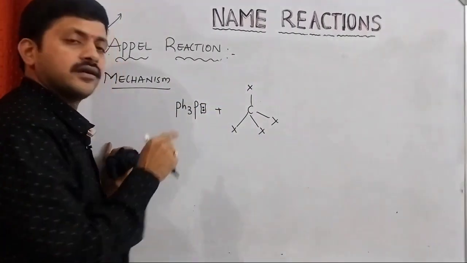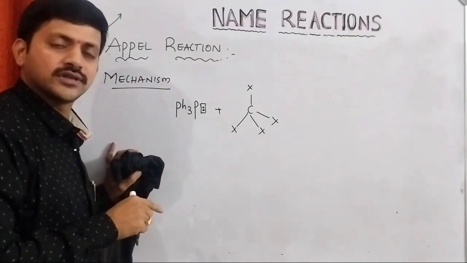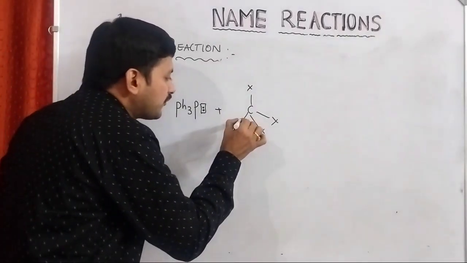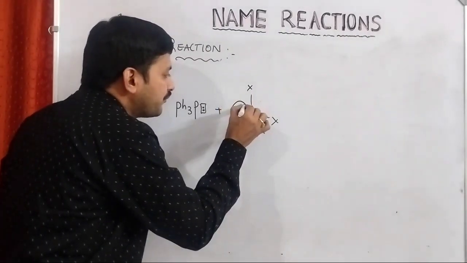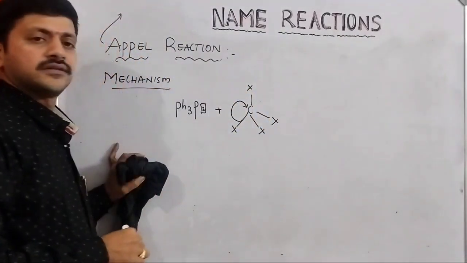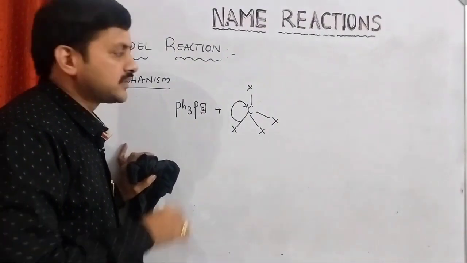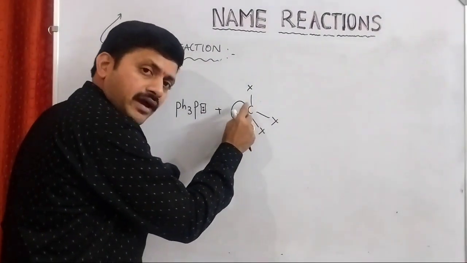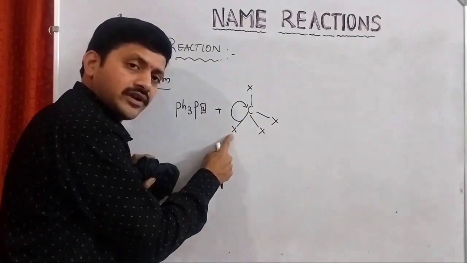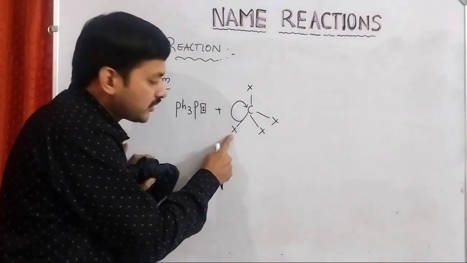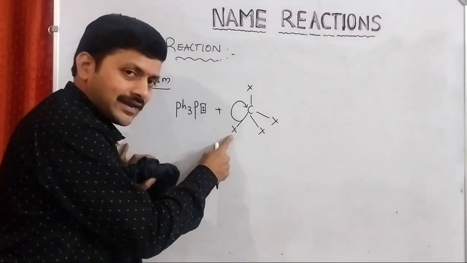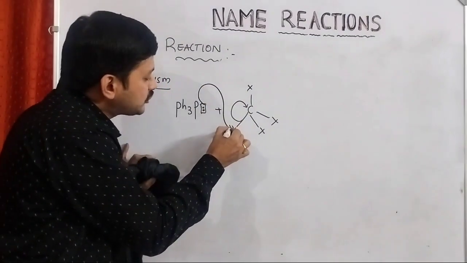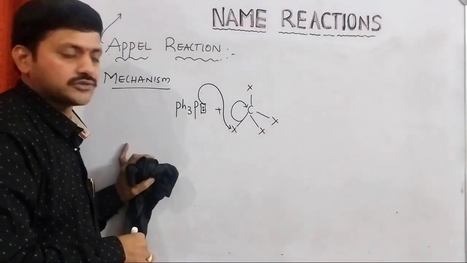It can donate its lone pair of electrons to the positive center. In this case, what happens? One of the C-X bonds, the single bond moves towards the carbon atom. Thereby carbon will take a minus charge, the X will take a positive charge, or not. Here we have created a positive charge, thereby these lone pair electrons are donated to this positive charge.